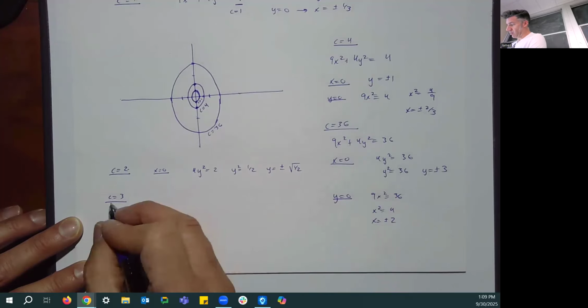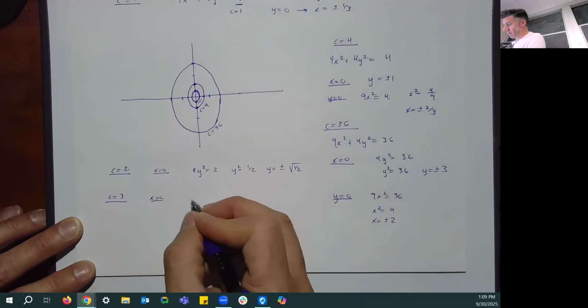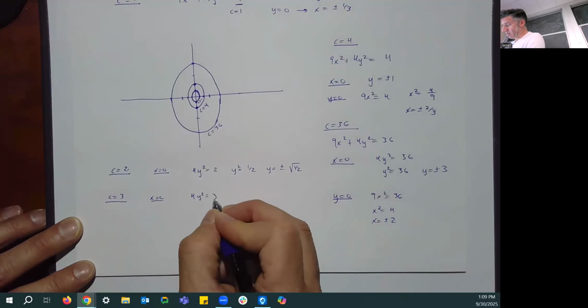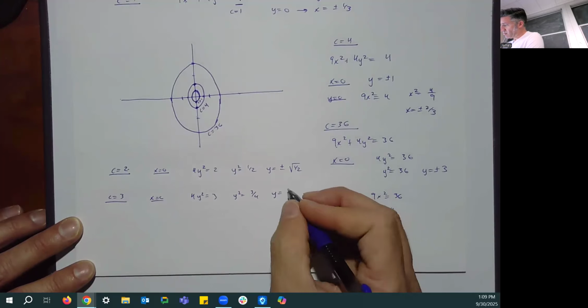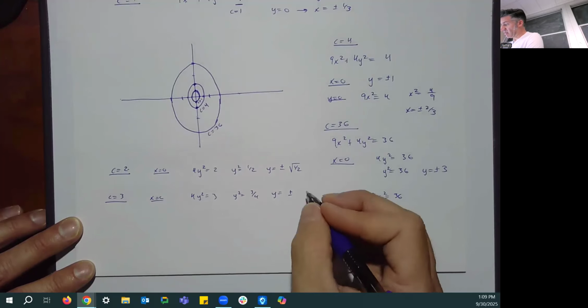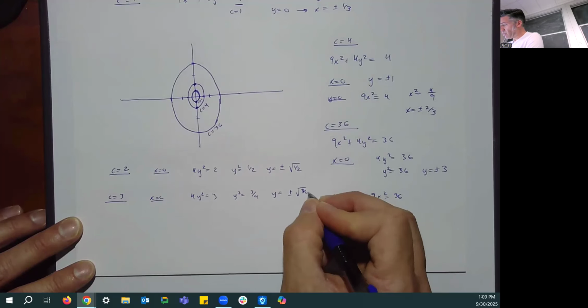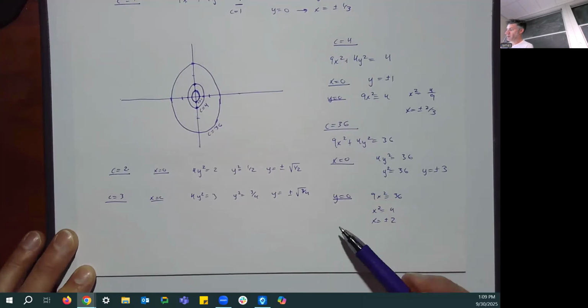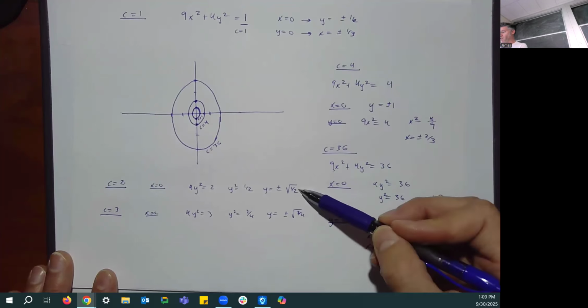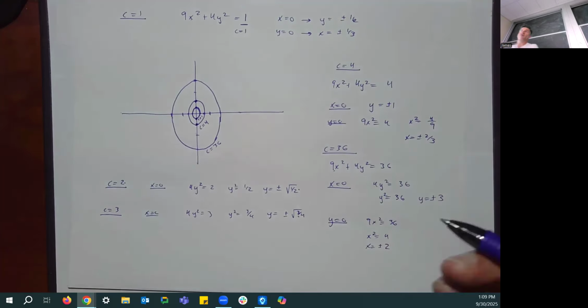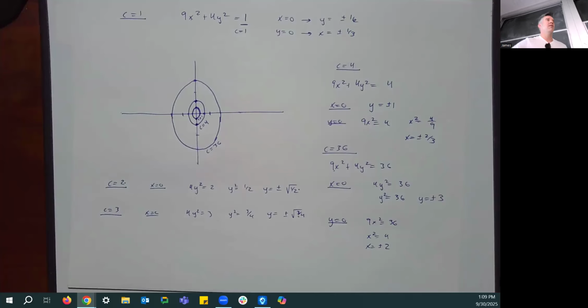And if you set c equal to 3 and x equal to 0, you get 4y squared equal to 3, y squared equal to 3/4, y equal to plus or minus square root of 3/4. So going from a value of 1/2 to root 1/2 to root 3/4, you're not increasing by the same amount each time. So they're definitely not equally spaced apart.